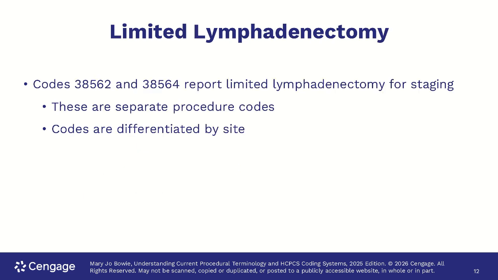All right, next up, we have the limited lymphadenectomy. And there are two codes for limited lymphadenectomy for staging. Both of these codes are separate procedure. They're differentiated by the location. Location being pelvic and para-aortic area or the retroperitoneal area.